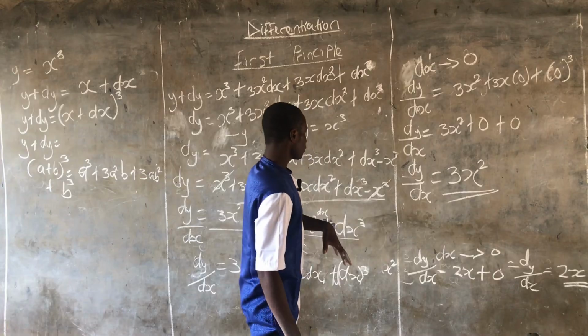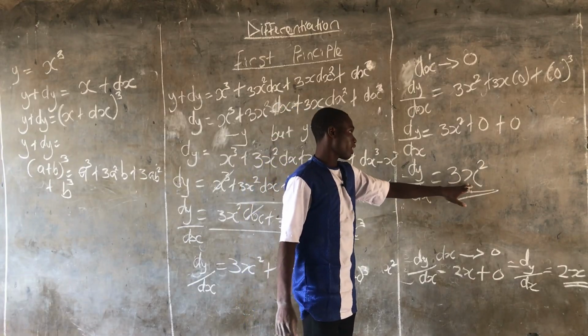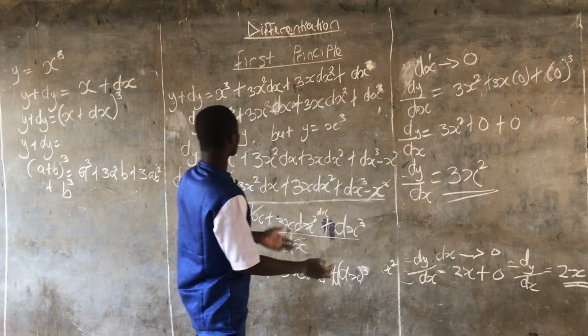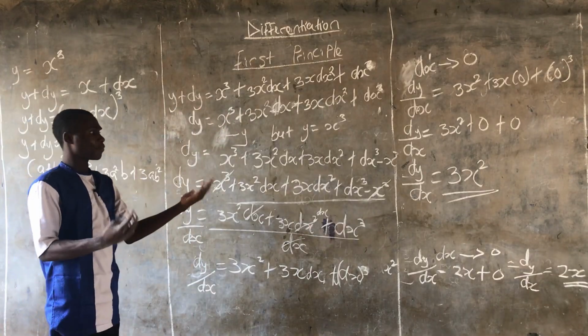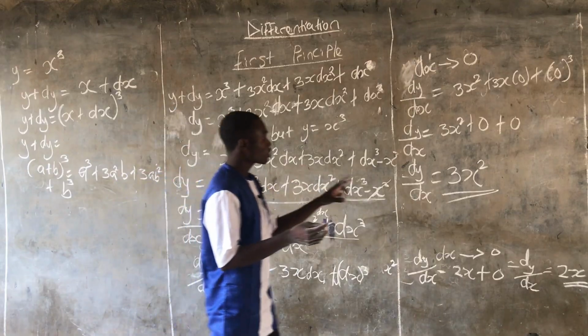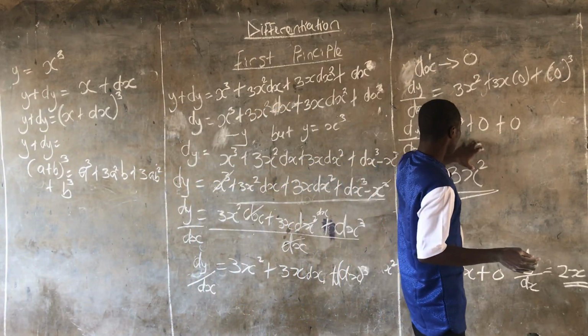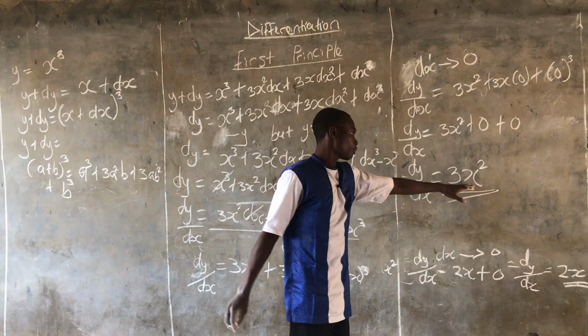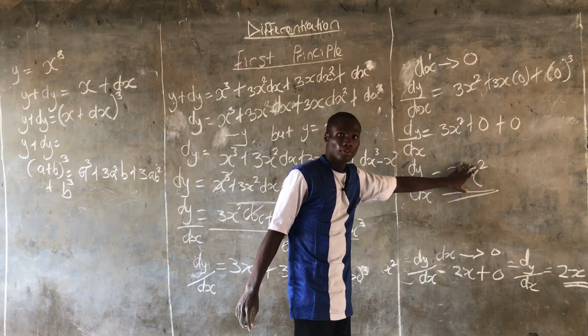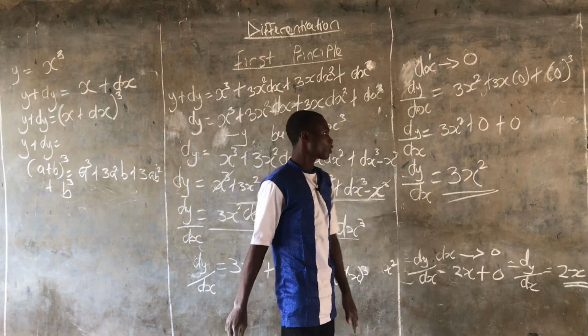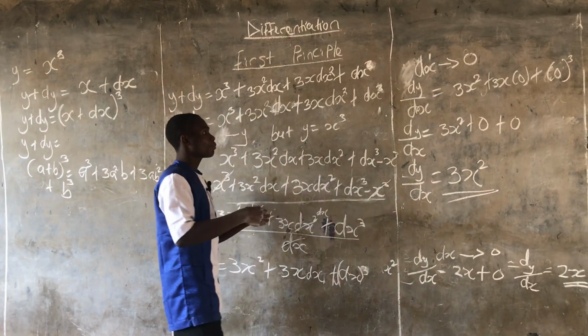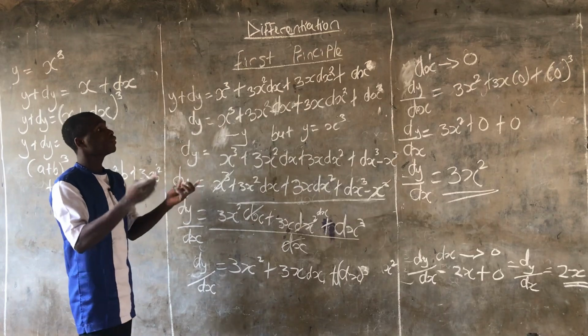So our final answer here is 3x squared. Once you use the general rules too, you also end up with this particular derivative. You got the same derivative using first principle and general rules to solve it.